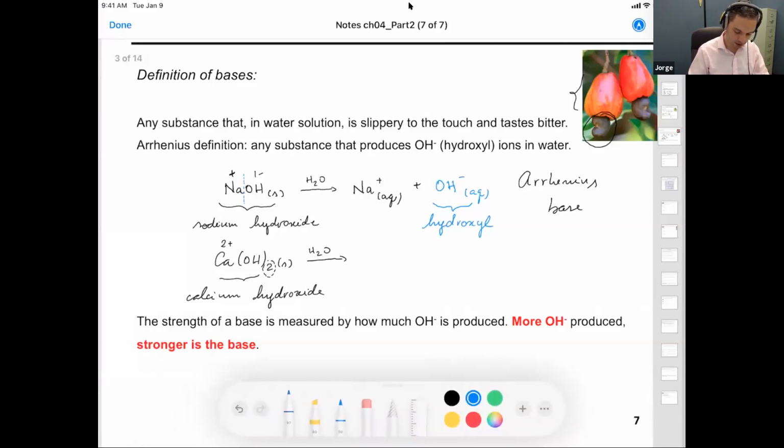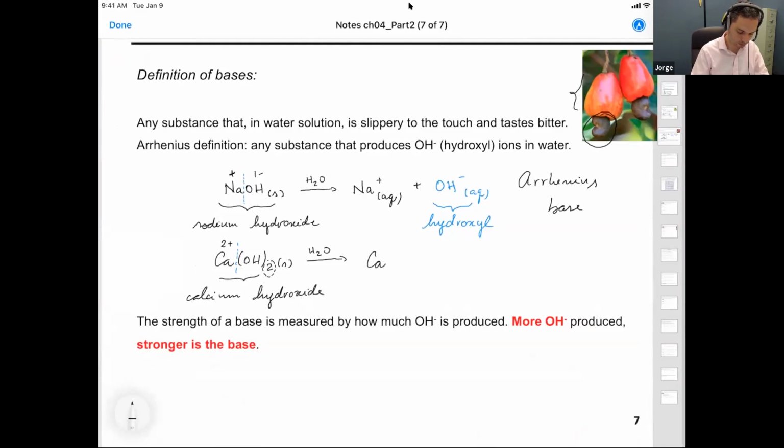The water is strong enough to split this compound in two, and that's going to produce calcium 2 plus, attention here, AQ because now it's dissolved in water, plus hydroxyl ions because this is a base, dissolved in water, therefore AQ.